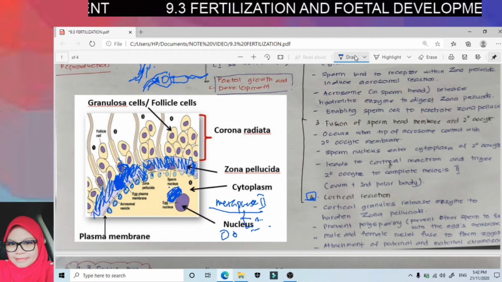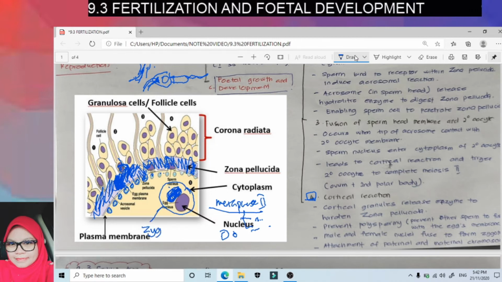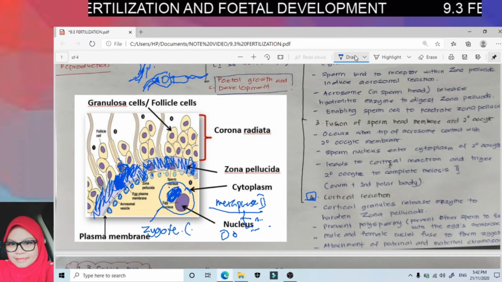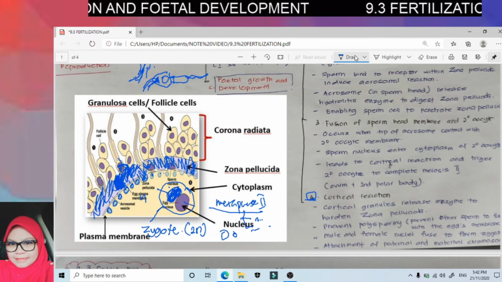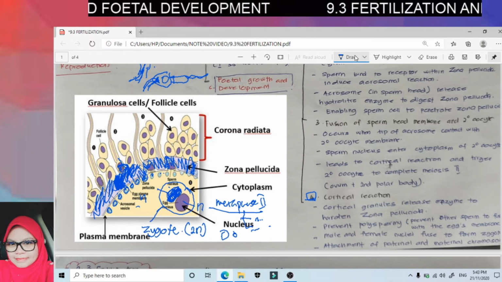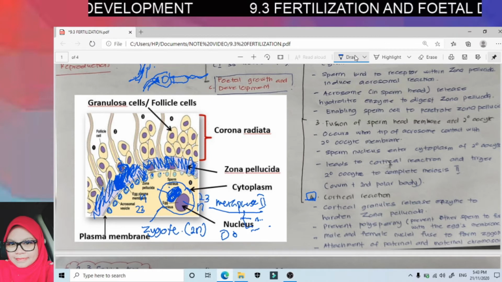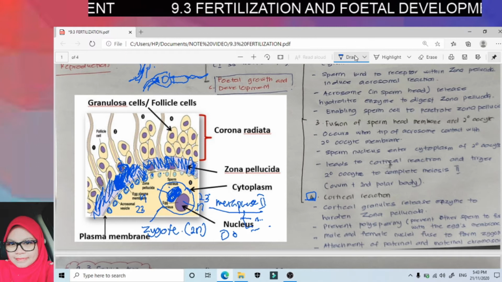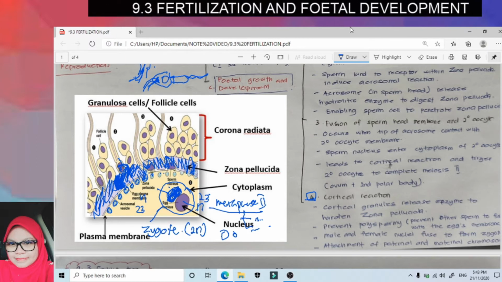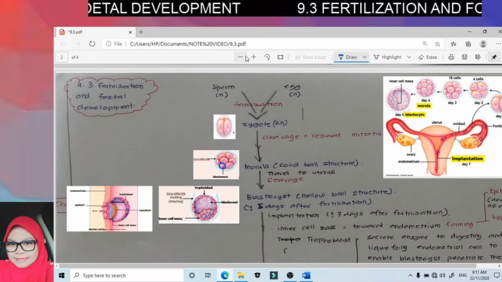This structure is now called the zygote, which has 23 chromosomes from the sperm and 23 chromosomes from the egg. Okay, so that is fertilization. Alright, now let's continue with fetal development.